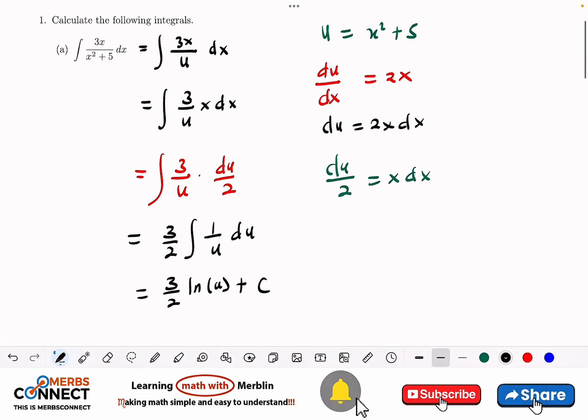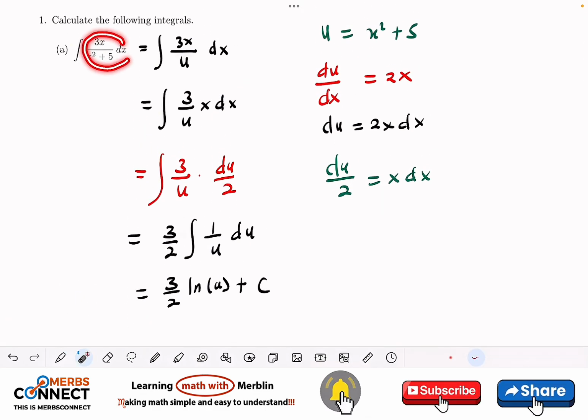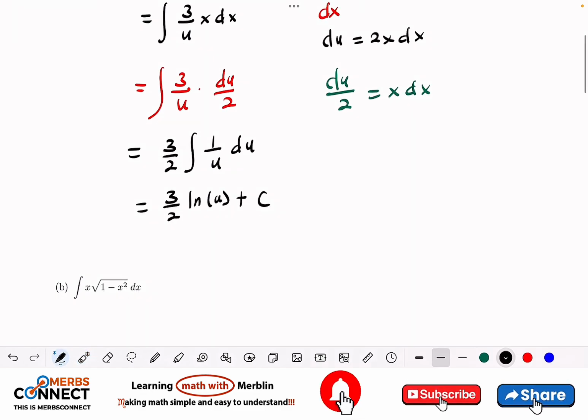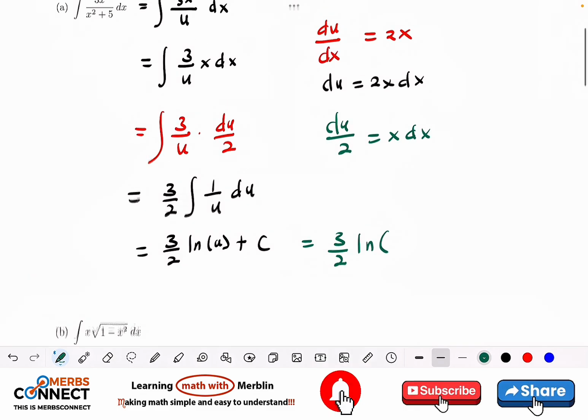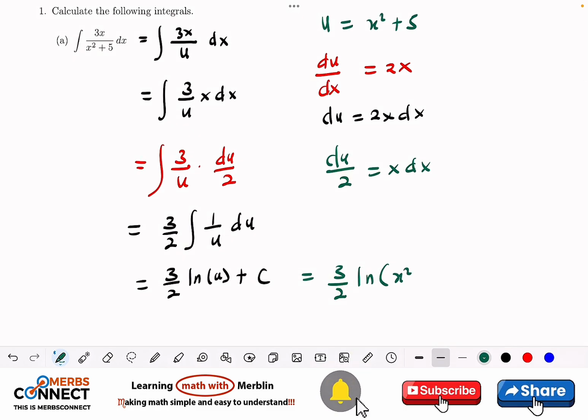But you see that my integration here is in terms of x, so my final result too should be in terms of x, not u. Since I have u here, I need to change it. But what is u? u is equal to x squared plus 5. So finally, our result is going to be 3 over 2 natural log of x squared plus 5, plus c.